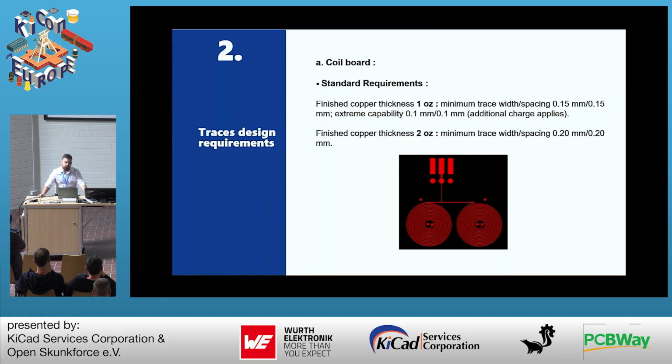So if you ask for 1 ounce, it can be 0.15 millimeter, and we can try to do 0.1, but it implies additional charges. And then for 2 ounce, we can only do 0.2 millimeter. Okay.